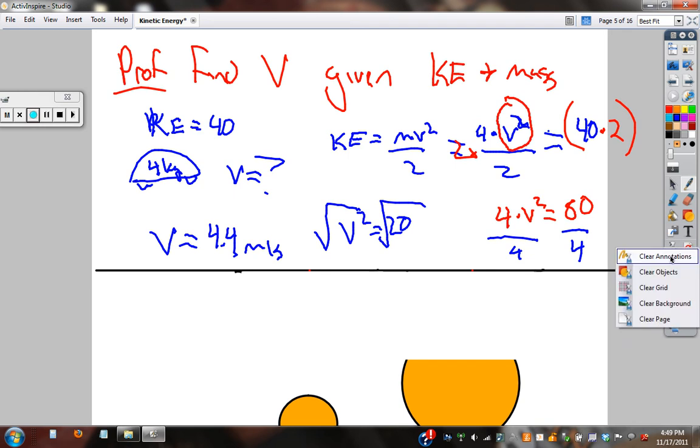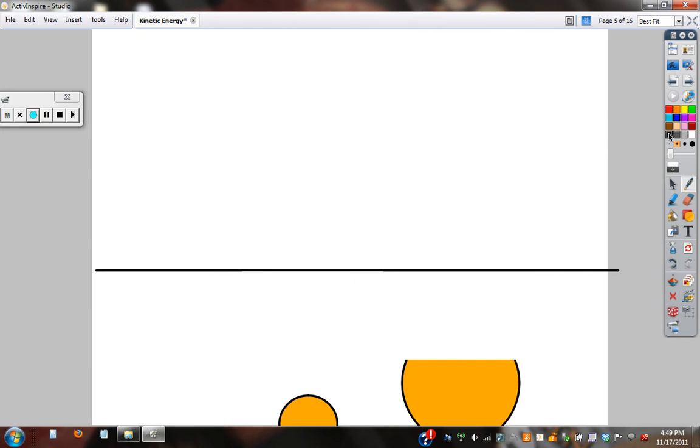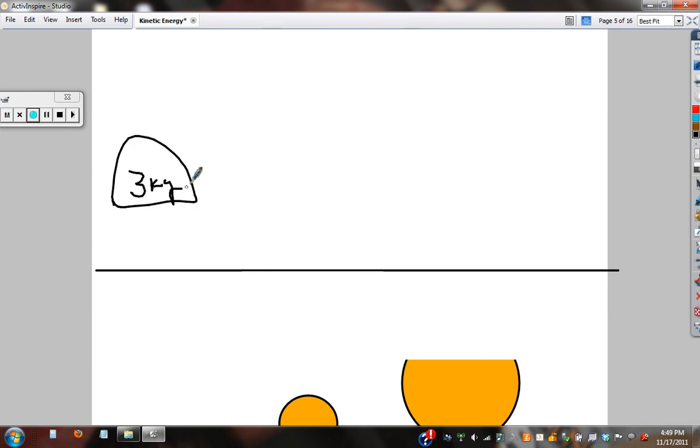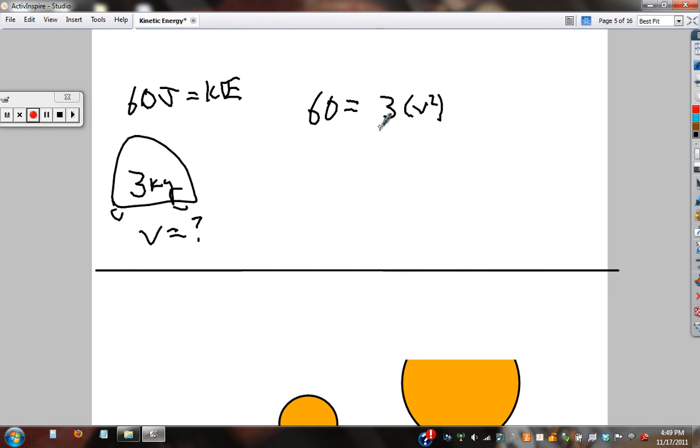So let's have you try one. Here is a 3 kilogram car, 60 joules equals KE. Find the velocity. Pause it and solve it. Here's the answer. 60 equals 3 times V squared over 2.